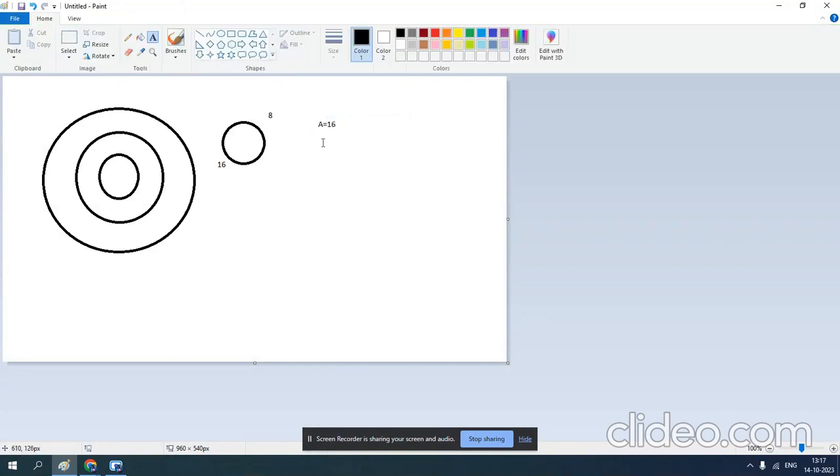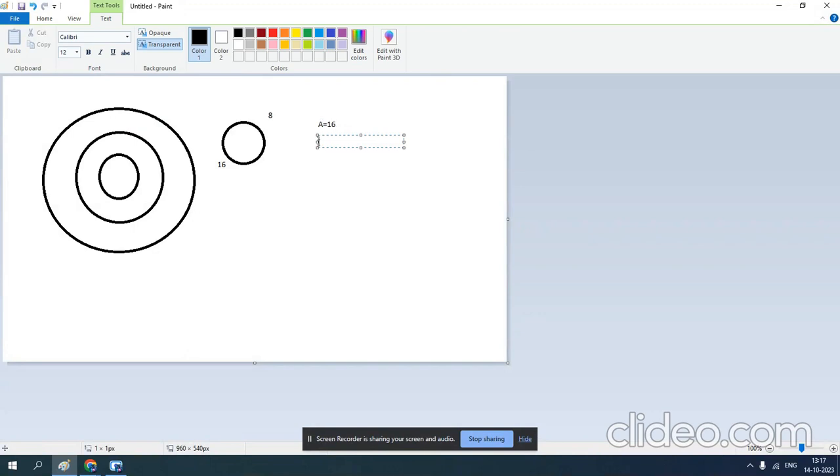And then we take Z, which is the smaller number.